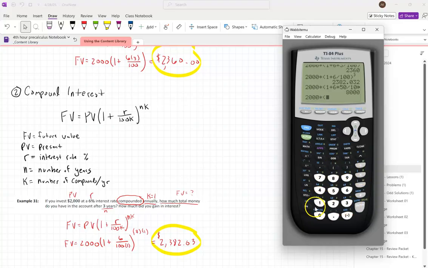If I did compound interest, that's almost $37,000. Holy smokes, that makes a huge difference.